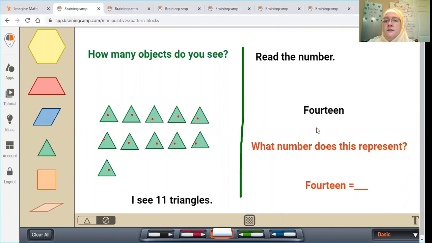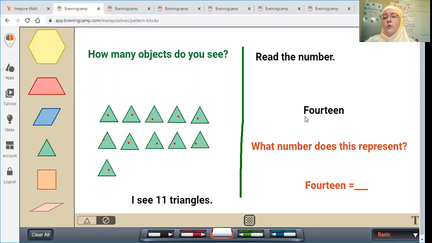Now we can also see words. So we're going to be having lots of words on the screen. This one says, please read the number. So here's the number that we're looking at. So this is one of our sight words, this beginning right here, but let's go ahead and sound it out.